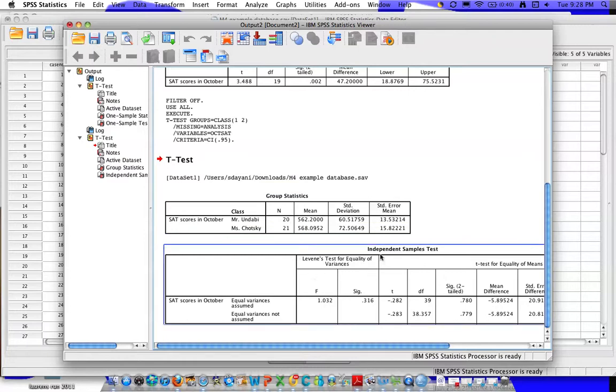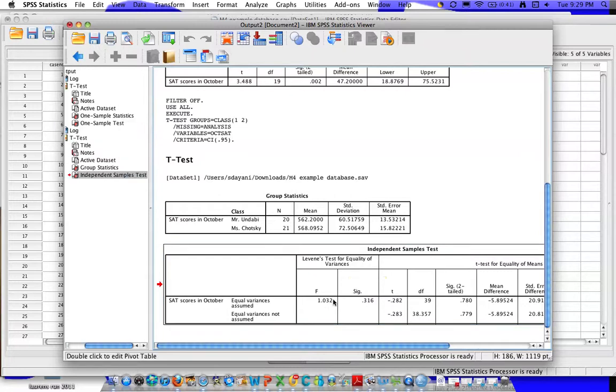So the first thing you want to do is look down here where it says Levene's test for equality of variances. This is not your t-test value. This is a test that's going to tell you if you can in fact assume that there are equal variances and then use the regular parametric t-test.